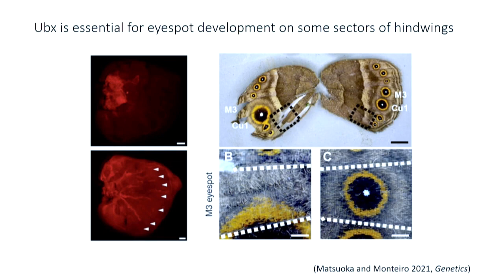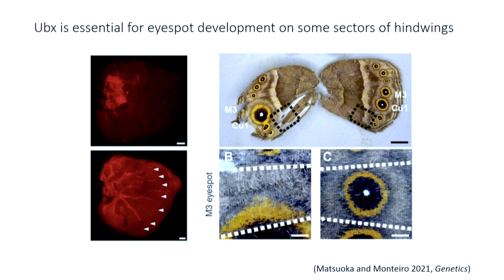But what we see already is that in this sector here, which is amplified here, called the M3 sector, which traditionally has an eyespot over here, when you remove UBX, the eyespot is gone. So this tells you that UBX is actually an essential gene for eyespot development in this sector.